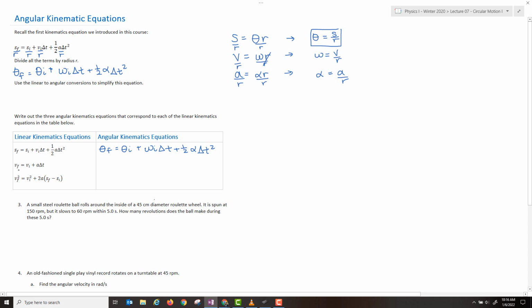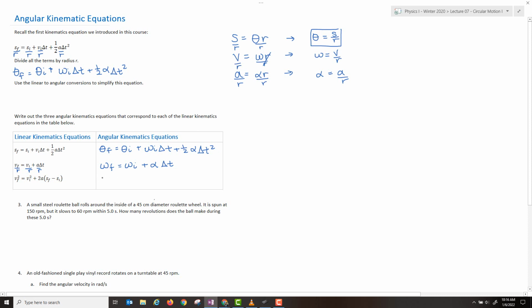Okay, and I can do the same thing for all three of the kinematic equations. My V final becomes omega final equals omega initial plus alpha delta T. So remember, I'm just dividing everything by R here, and that makes all of my linear variables turn into angular variables. And I can do it with the third equation just the same way.